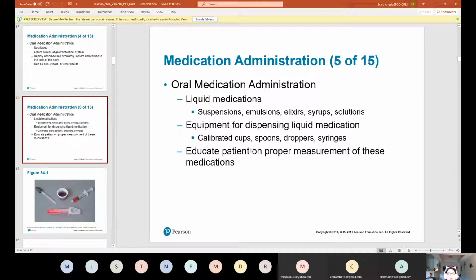Now, when we administer an oral medication, it's vital that we look and see what unit of measure, what unit or dose of measurement is being ordered. Is it an ml? Is it a gram?